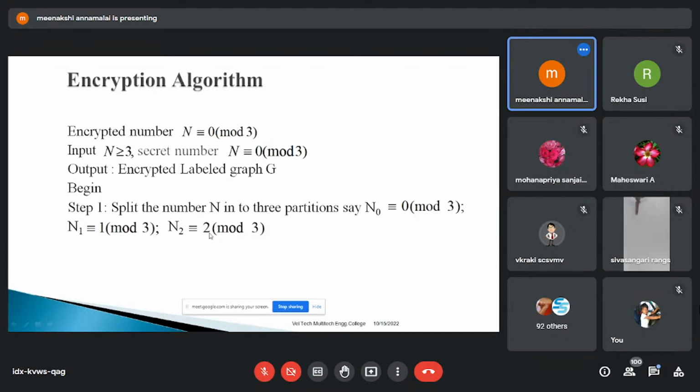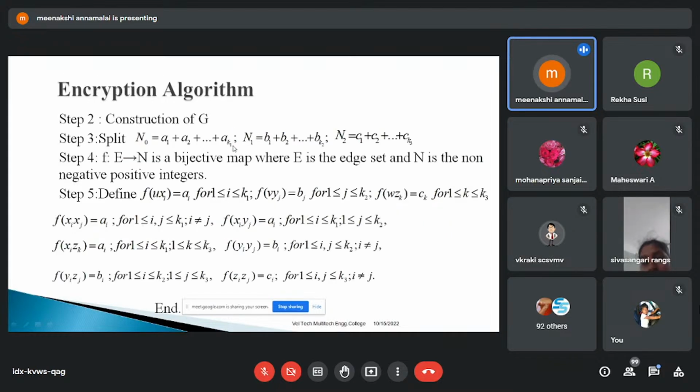The construction of G we already discussed. Now, how do we label the graph using N0, N1, N2? Split N0 into K1 values. These K1 values will be placed on the edges UXI, because U's neighbors, K1 members, are there.